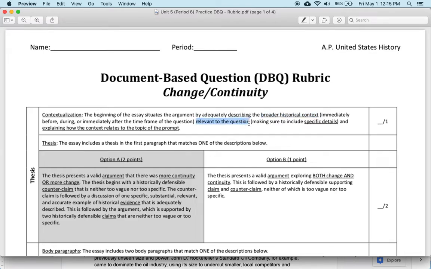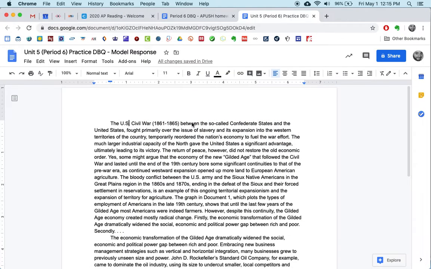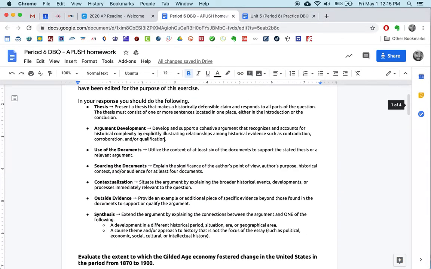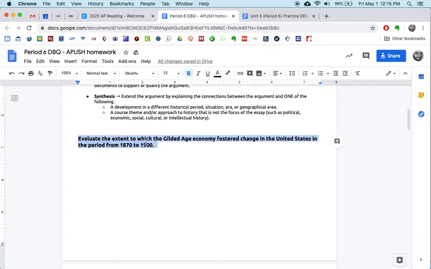And by broader historical context, we mean things that happened immediately before, during, or immediately after the time frame of the question. So let's have a look at the question again. The question is, evaluate the extent to which the Gilded Age economy fostered change in the United States in the period from 1870 to 1900.